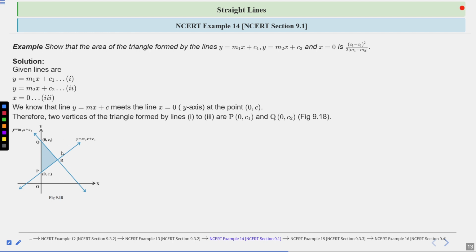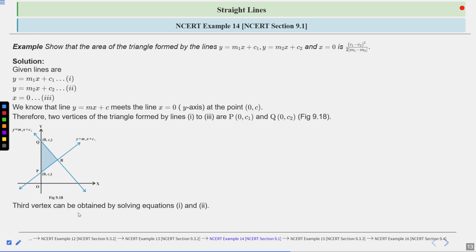Here in this figure you can see two vertices of the triangle formed by equations 1 and 3 are basically (0, c1) and (0, c2). Okay, so now basically we have to find the third vertex R. How can you find the third vertex R? The third vertex can be obtained by solving equations 1 and 2.